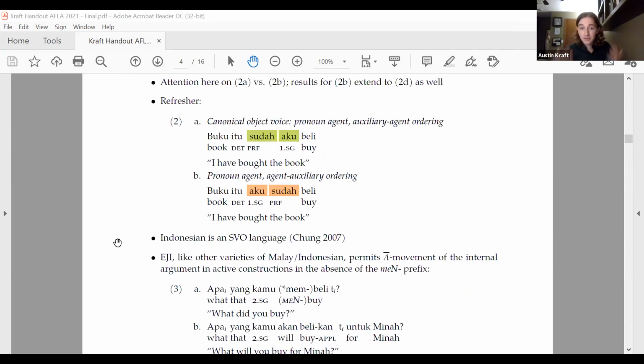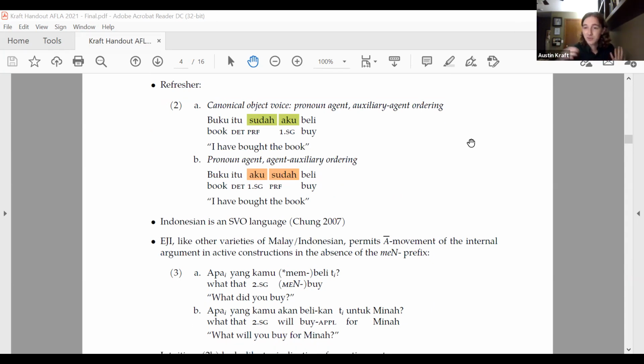We'll take Indonesian to be an SVO language, and also be mindful that the variety the consultants speak, like other varieties of Malay Indonesian, permits A-bar movement, say WH movement, of the internal argument in active constructions when this nasal meng- prefix is absent. So with a sentence like 3A, WH movement of the internal argument is possible when and only when this prefix is absent.